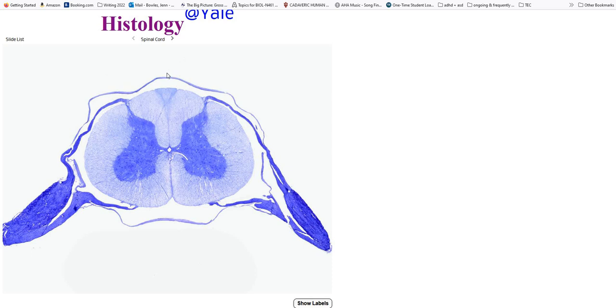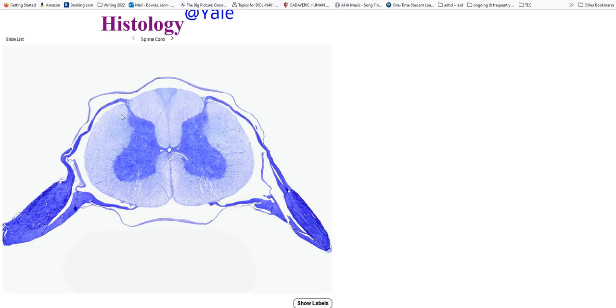Posteriorly, we don't have that extreme dip. So in this case, this is going to be our posterior median sulcus. A sulcus is going to be less dramatic than a fissure. We can also use the horns to help us. So we've got our lateral gray horns, anterior gray horns, and then the ventral or posterior gray horns are a little smaller, and they come to a point.